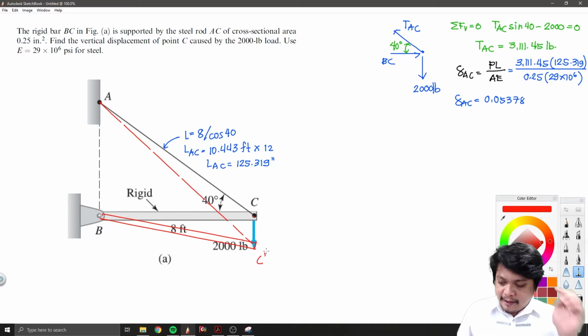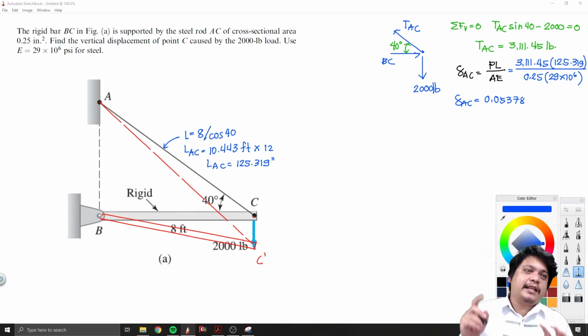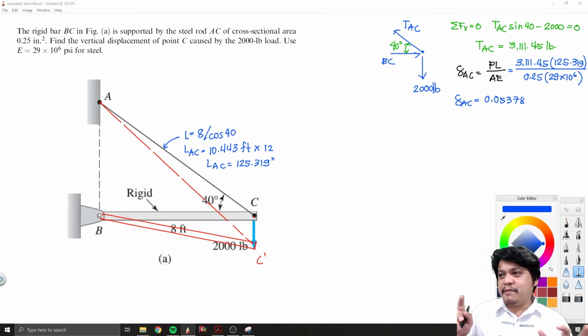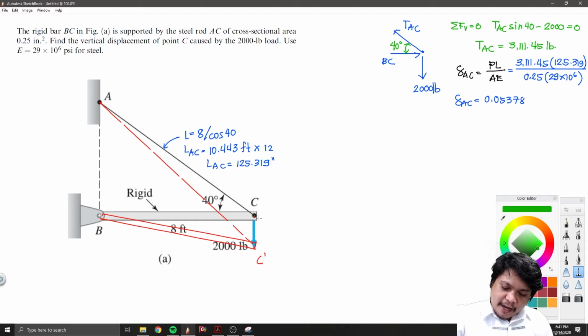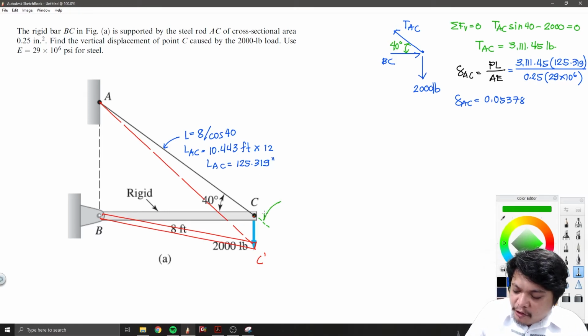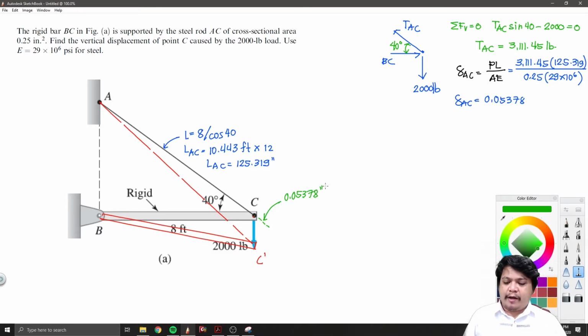Okay, ganito yung isang technique kasi sobrang liit lang ng deformation, so by symmetry ang ginagawa natin, na-deform siya, ito yung parang magiging deformation niya. Okay, hahaba, yung AC humaba. Yung deformation na yon, yun yung inyong 0.05378 inches. Ngayon, yung pinakabagong point doon, pwede kang kumuha ng perpendicular doon sa kanya.